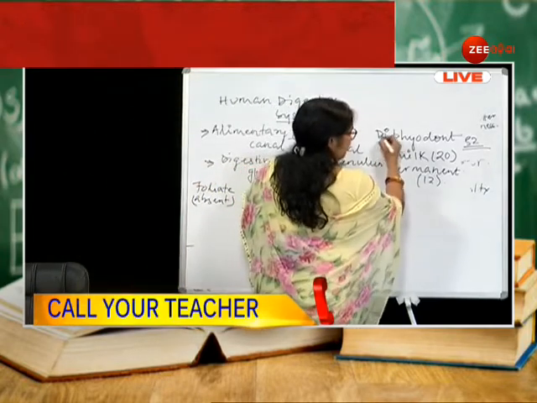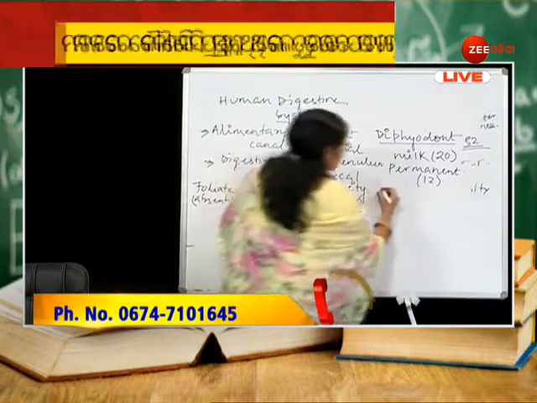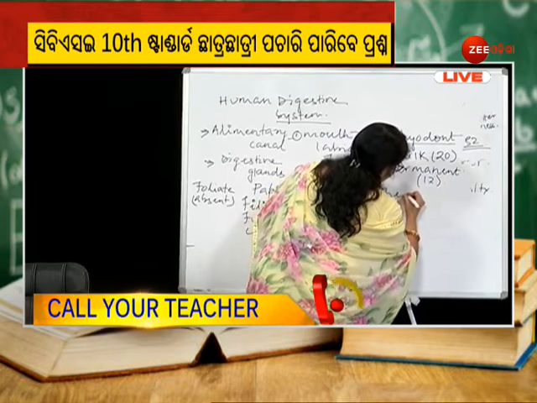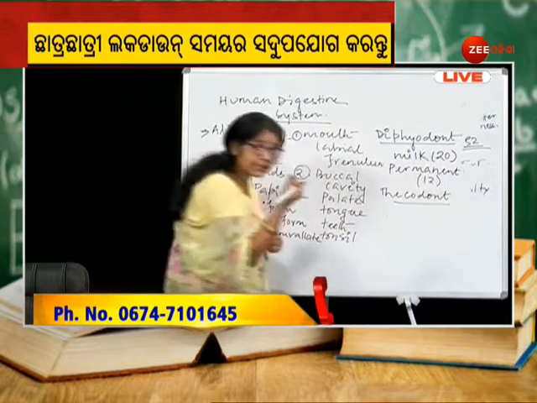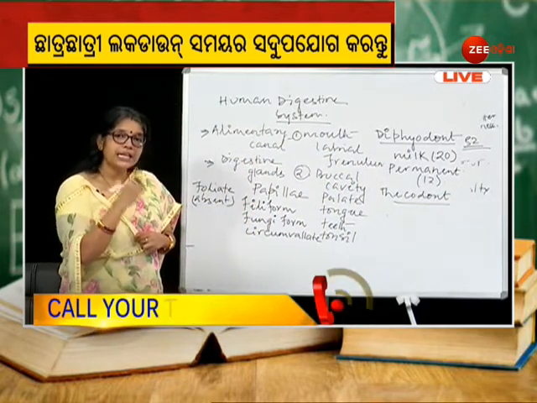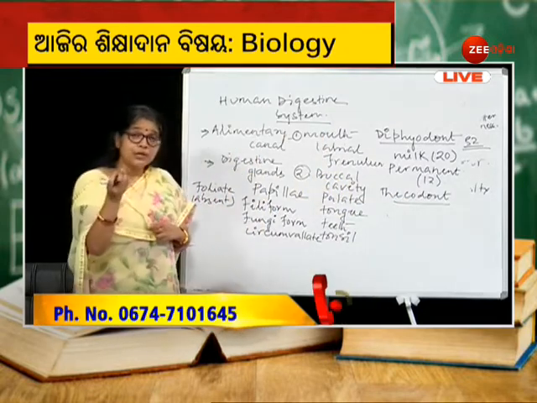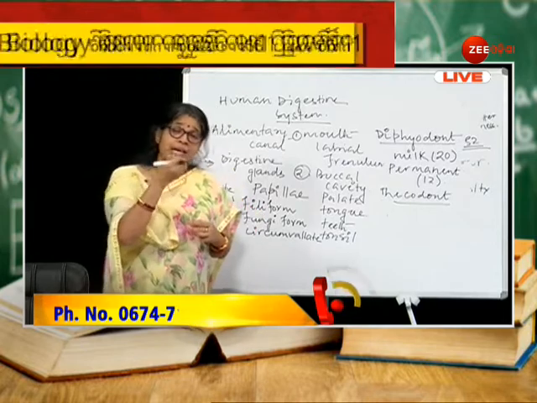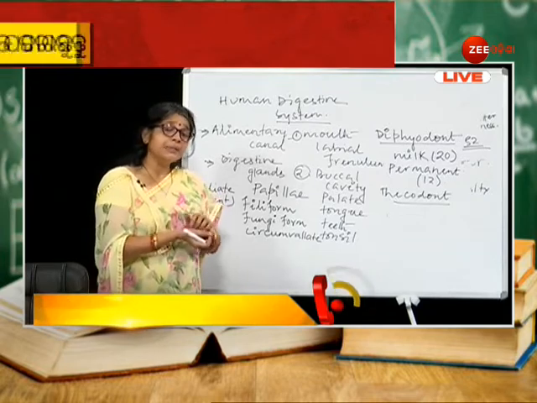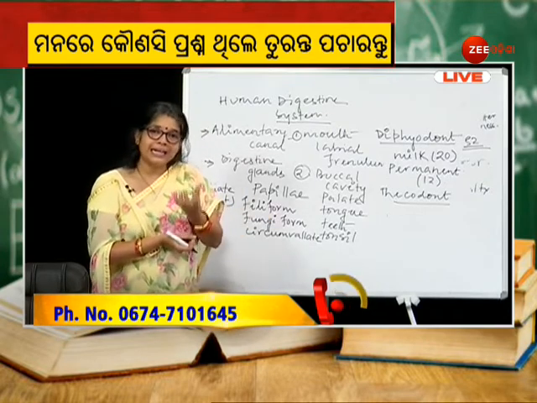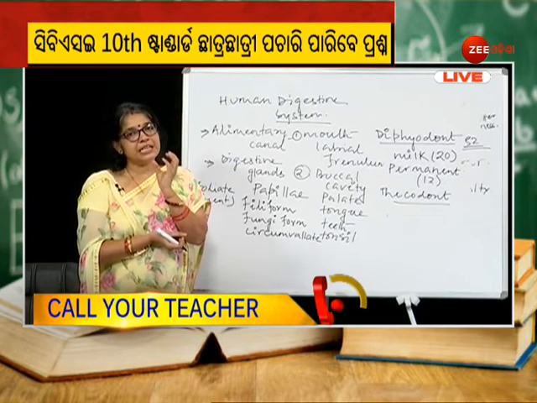Next, the first one is diphyodont according to the origin. The next one is thecodont. What do we mean by thecodont? It is according to the attachment, how the teeth are attached with the jaw. In human, the teeth are said to be thecodont. When some of the milk teeth are being replaced, at that time we can find some socket-like structures present in the jaw.